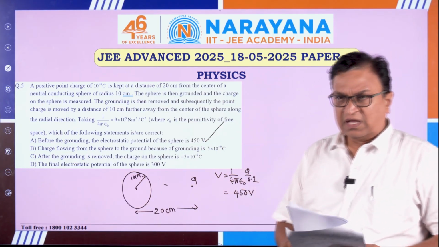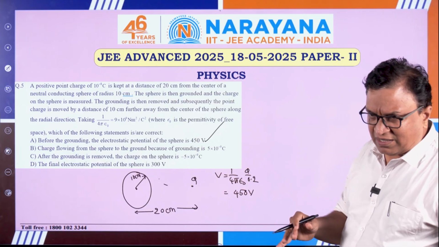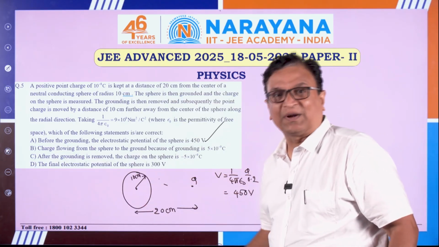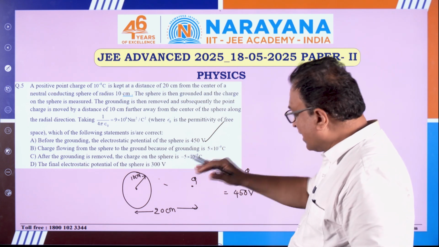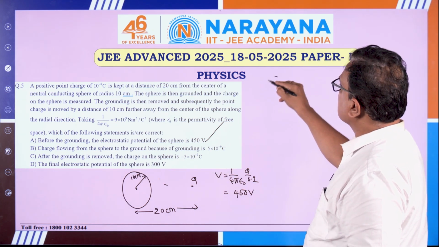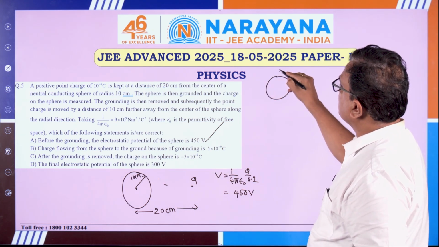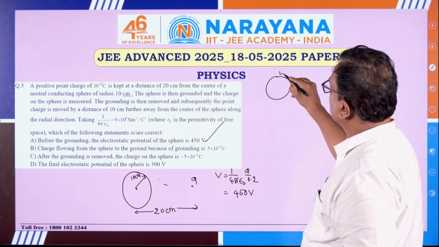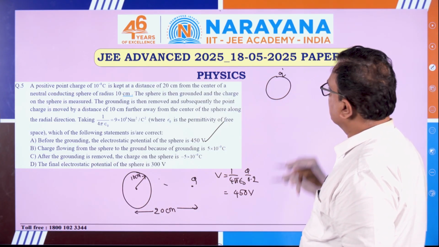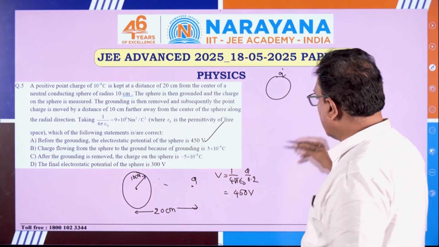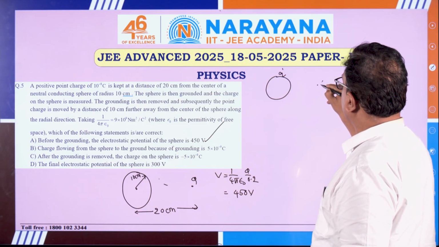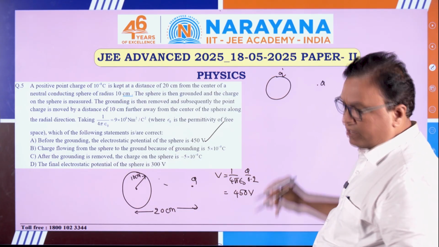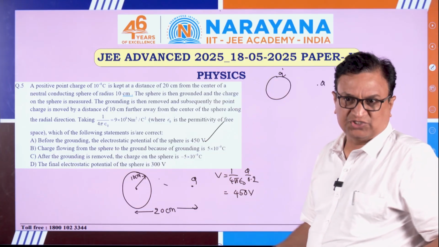Next. Remember, when you are connecting it to the ground to make this zero potential, some charge will flow onto this, let that be some q dash. Already your q is still available here. So this combination should result in zero potential.